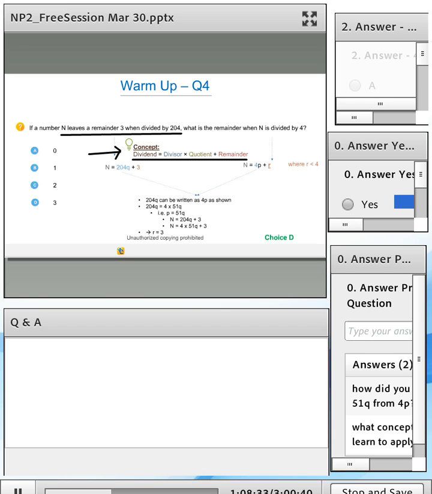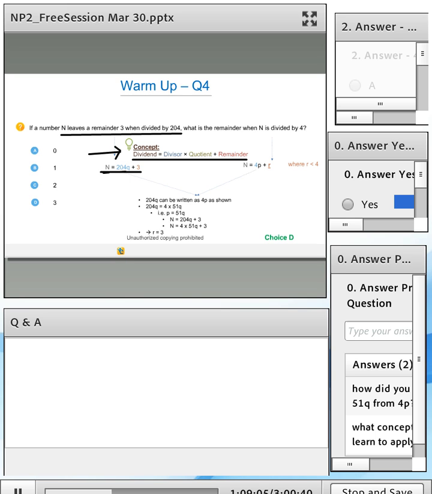Dividend is n because n is being divided. 204 is the divisor, q is the quotient, and 3 is the remainder. So I'm simply applying this equation here. How do I get 204Q is equal to 4 into 51Q from 4P? All I'm doing is I'm comparing these two equations. So for those of you who already understand this, just bear with me for a couple of minutes because I do want to make sure that all these students who don't understand it get this concept.